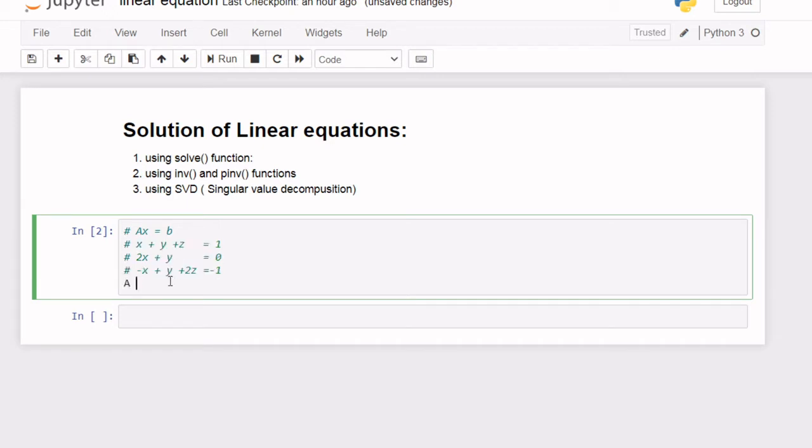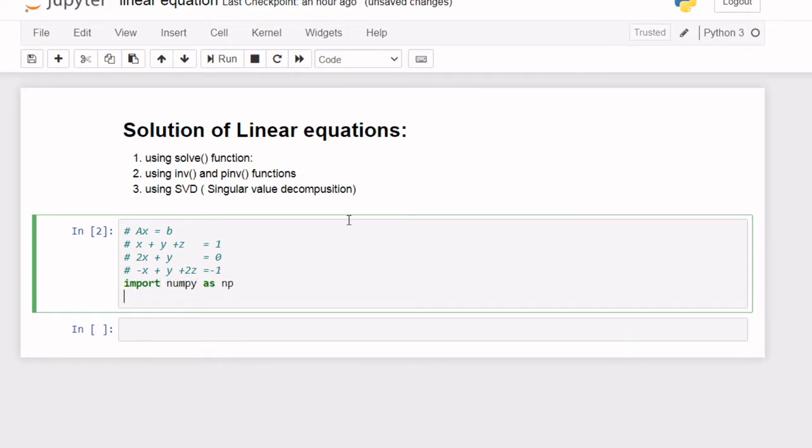For this, first of all we have to import numpy. We define the coefficient matrix A equal to np.array, and this bracket will be for the first row, this bracket for the second row, and this bracket for the third row.